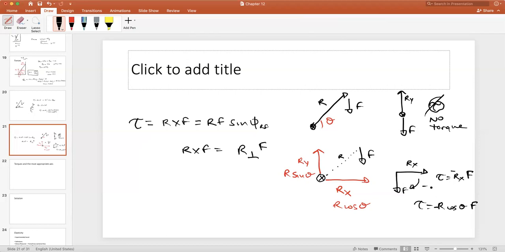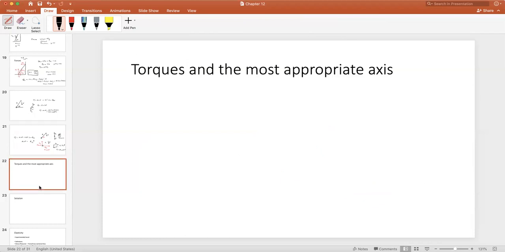What you need to do is break up your radial vectors for these torques into the perpendicular component. We'll talk about each of those as we do each of these torques. Going back to our picture, we have to choose the most appropriate axis.